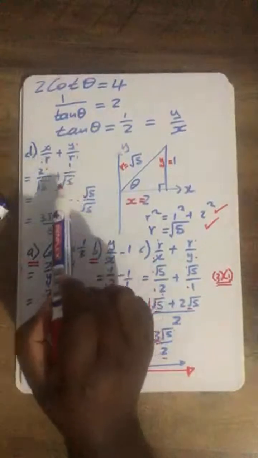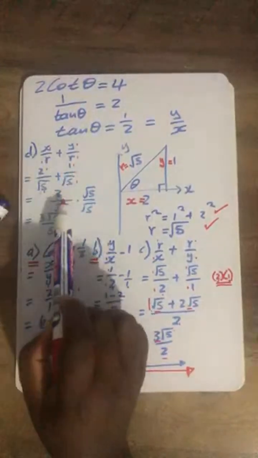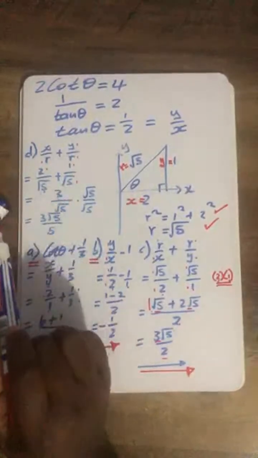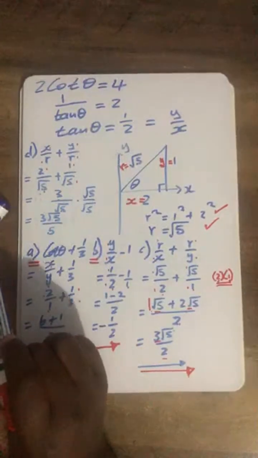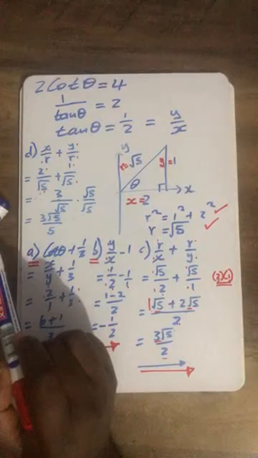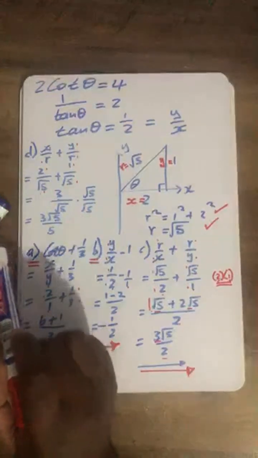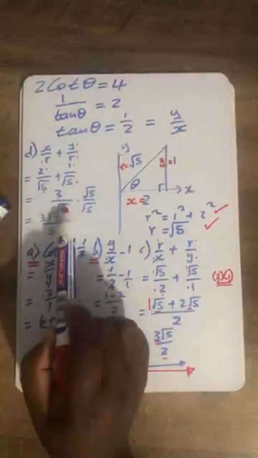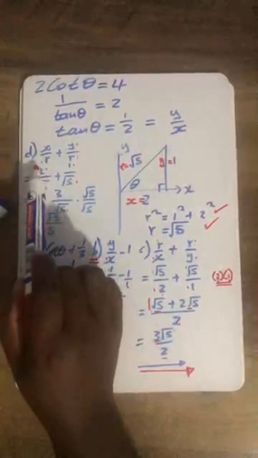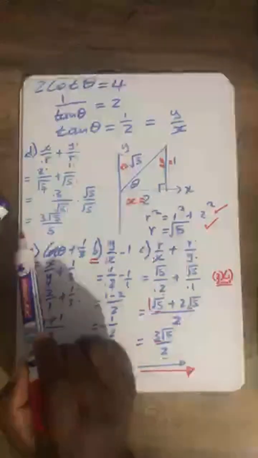This is 2 over r, this is y over r. And then, obviously, what do you do? Again, you do that thing of LCD, where you end up having the square root of 5 at the bottom, and then you just add those 2, which is that 3 there.